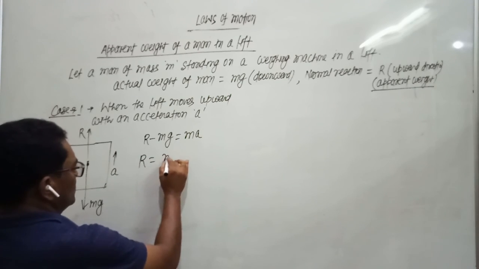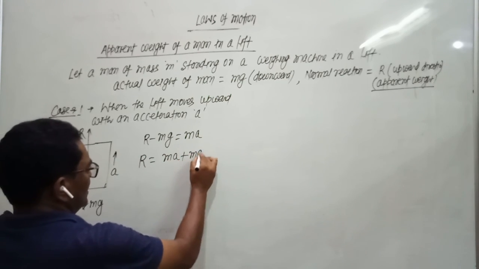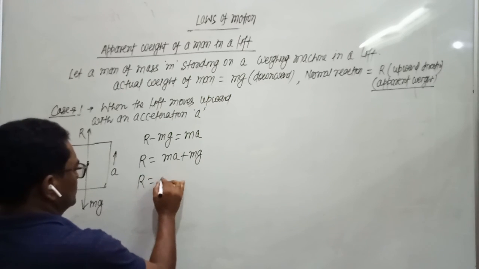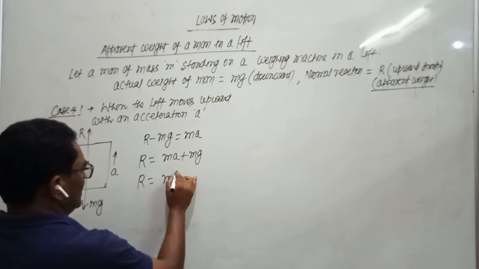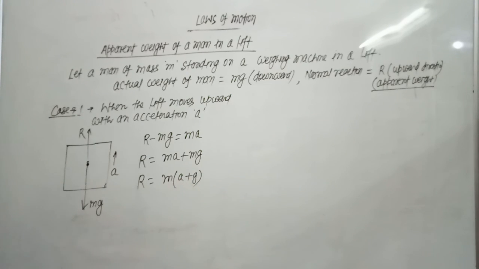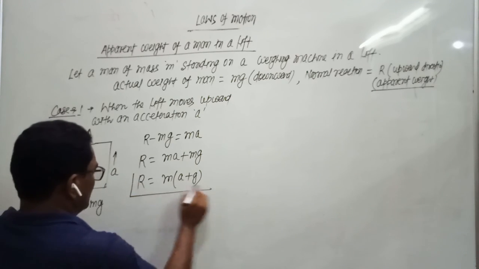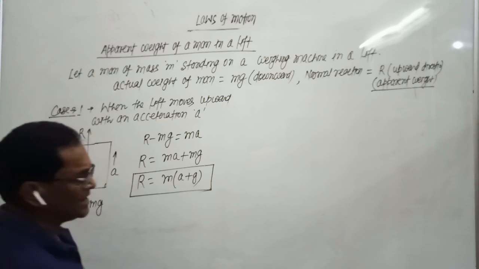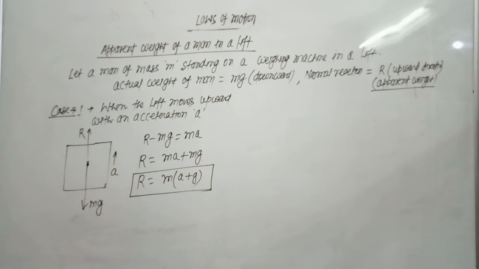So R is equal to ma plus mg, that is R equals m into (A plus g). This is the formula for normal reaction or apparent weight when the lift is moving in the upward direction with an acceleration A. The next case we will discuss in the next video.